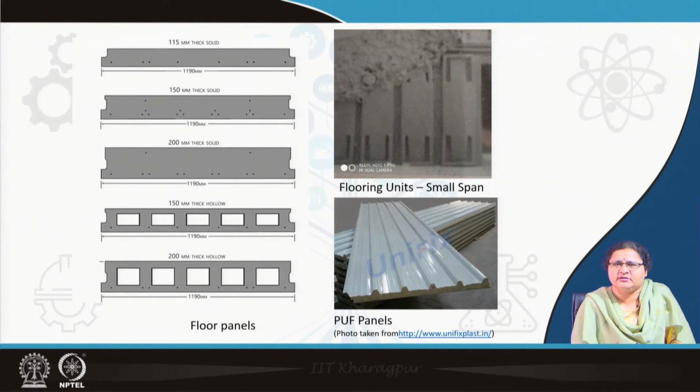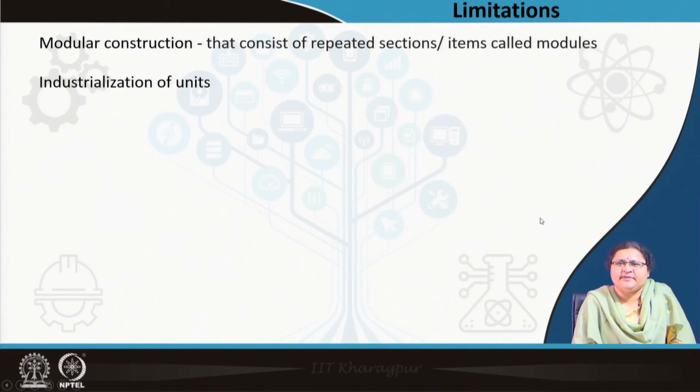They are durable, they give you a challenge with time, faster, speedier construction, and the limitation is you have to go with a preset dimension. So, you have to go for modular construction, repeating sections, items, shapes, forms.